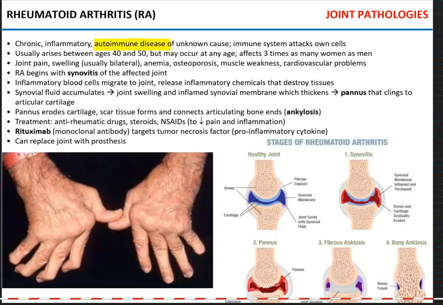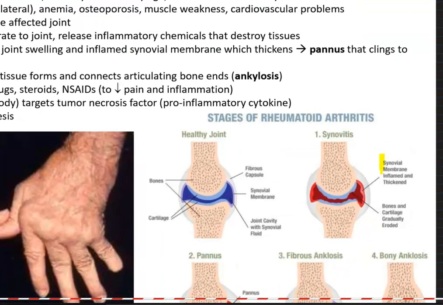So what effectively happens is that those phagocytic cells, neutrophils, macrophages sitting in your joints become crazy and start attacking your synovial membrane. That results in inflammation and swelling of the synovial membrane.